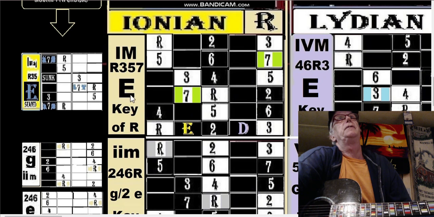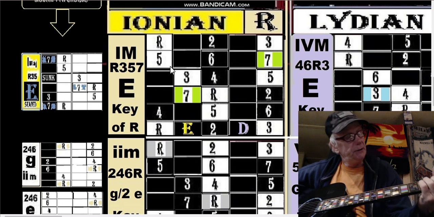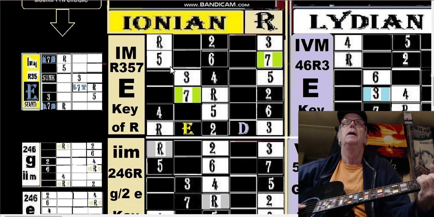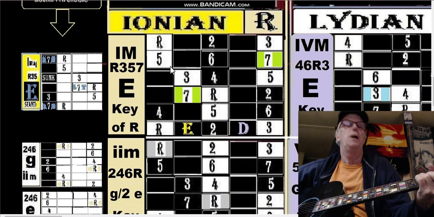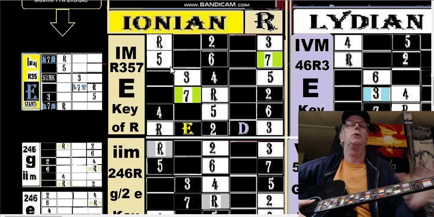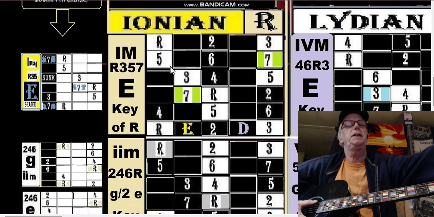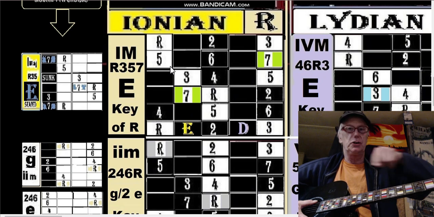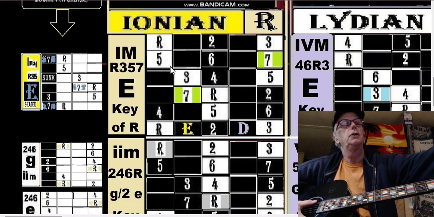3, 5, 7. Okay, if you want to play the minor, it'd be like this. Now what would that shape be? It gets a little more complicated, but if you're starting on an E shape, following the circle of modes, E shape goes to a G shape.